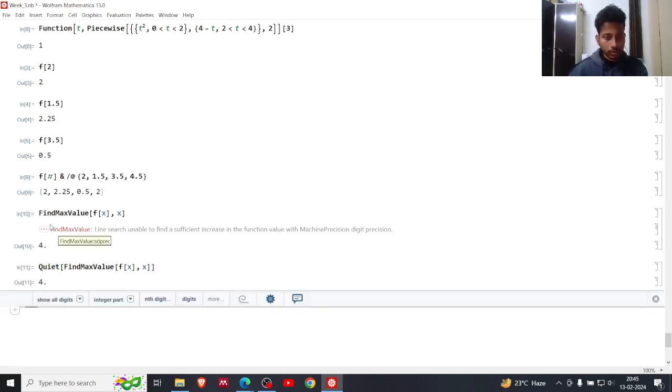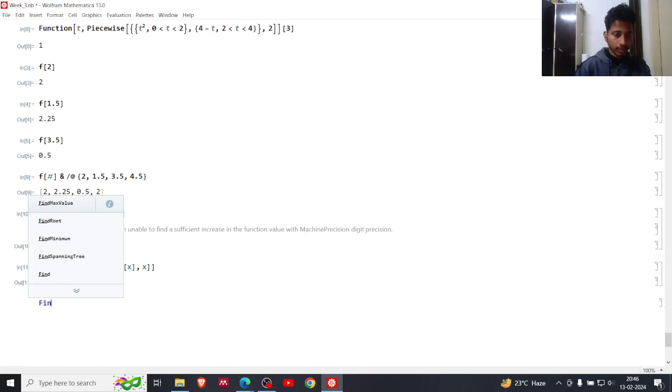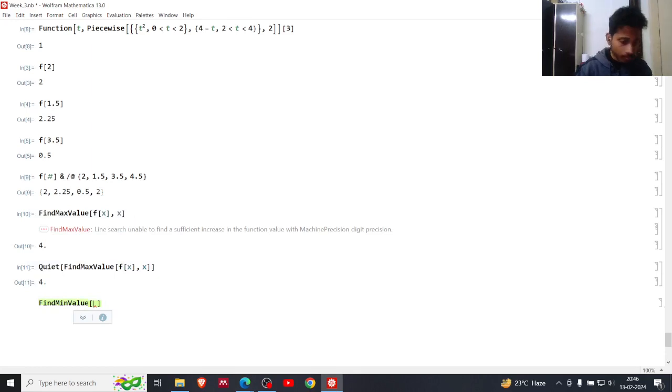So this is a warning error, so we'll just quit that message and do this. Now we'll find the minimum value, find min value of f of x.